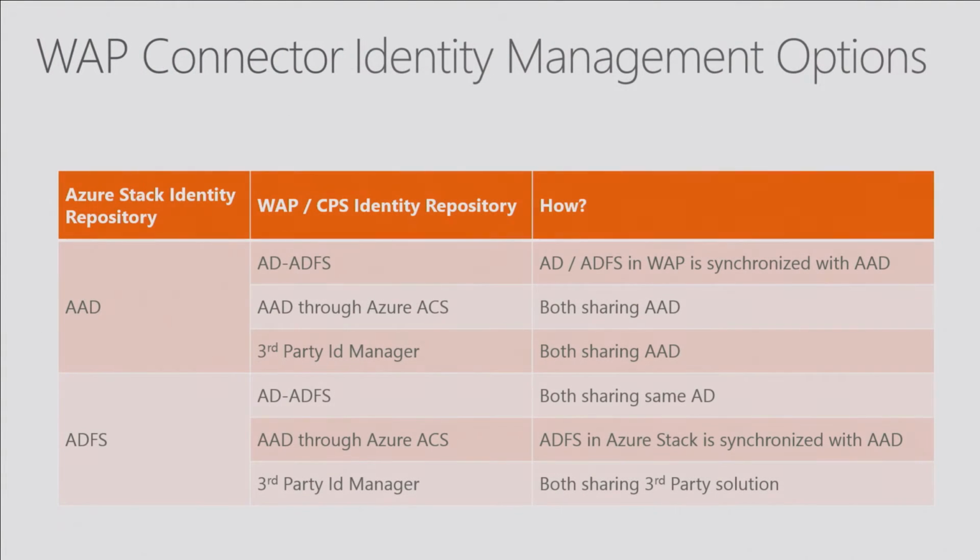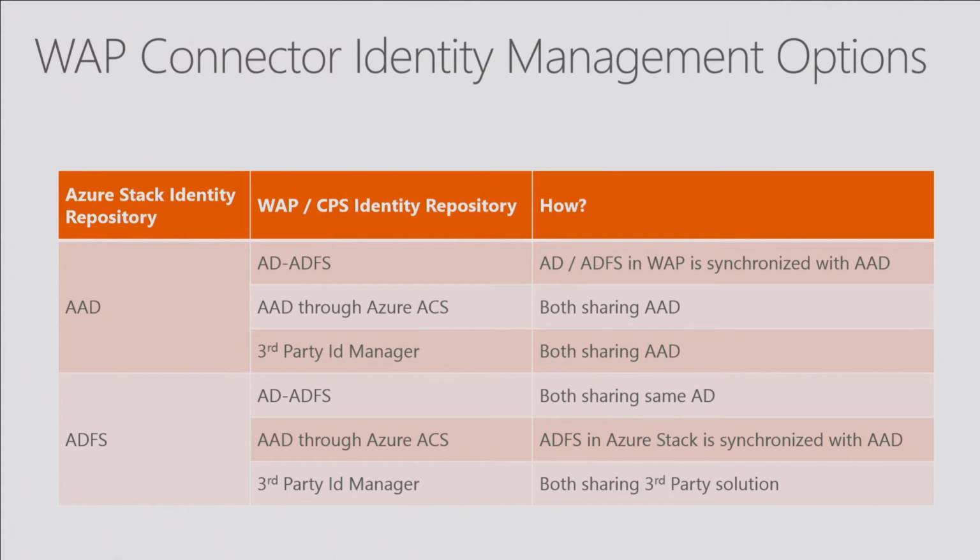One of the critical components of enabling this connecting or coexisting strategy is being able to access both environments with the same identity. This is the matrix of how we envision this can be accomplished. Once Azure Stack is released in the middle of next year, if you decide to build your Azure Stack environment based on AAD, then it doesn't matter which option you're using today on your WAP or CPS environment.